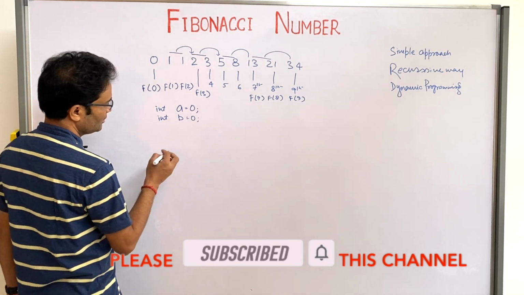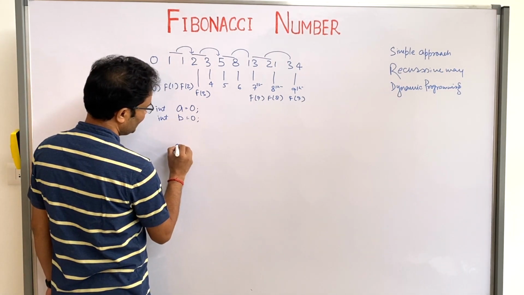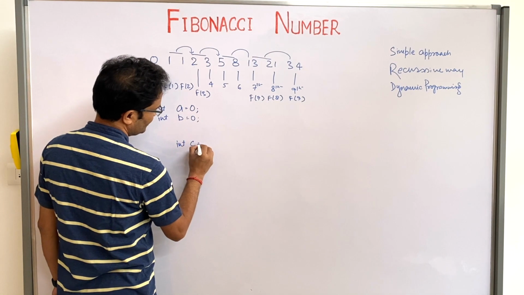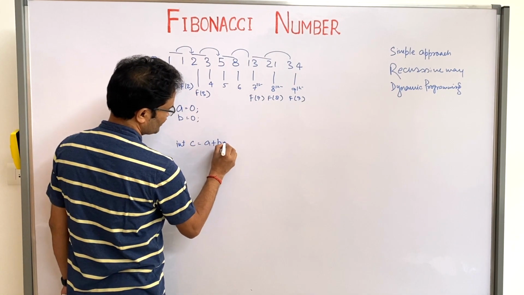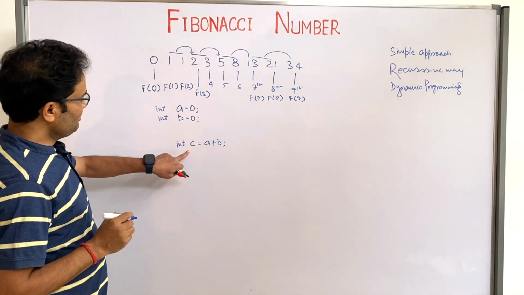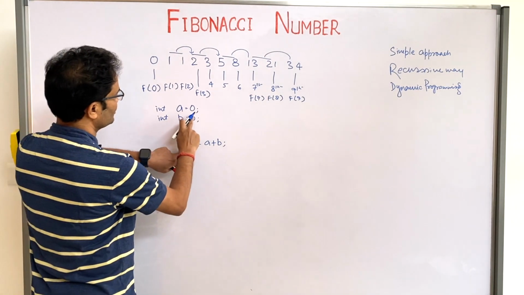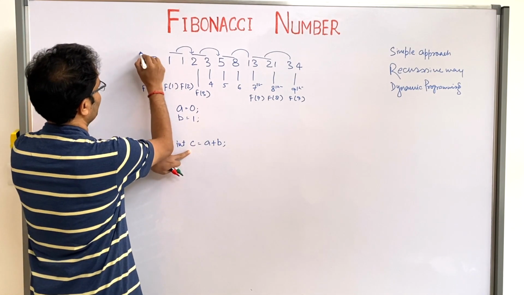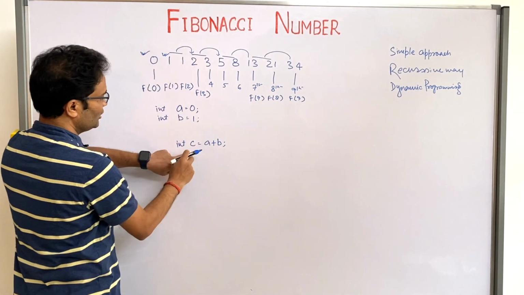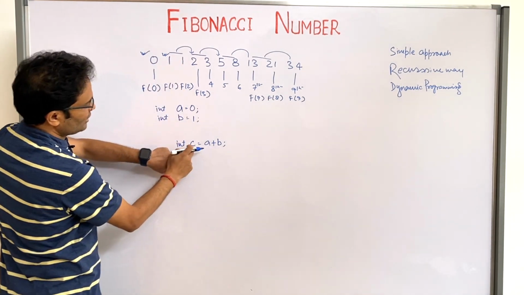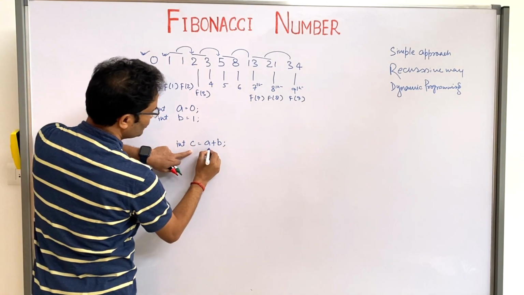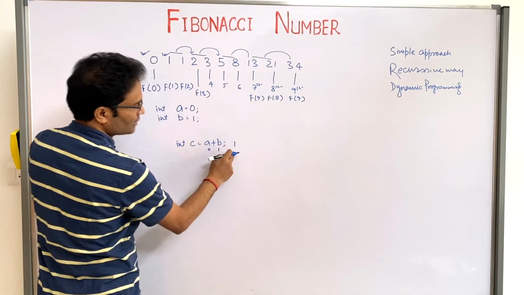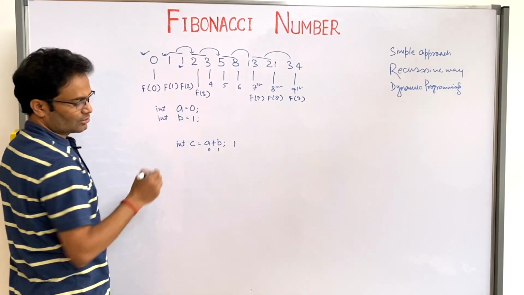Then you make the third one, C, and C is A plus B. So what does C become now? Sorry, the first two we have to take are 0 and 1, right? So C is equal to A plus B. So what is in C? 0 and 1, so this is 1. So you will get this next one.